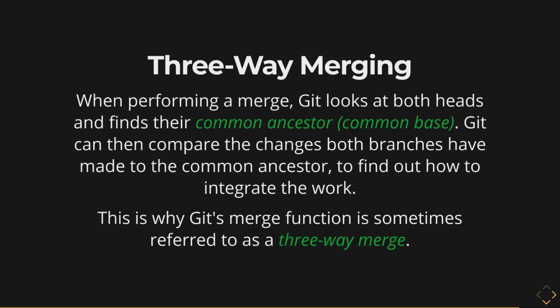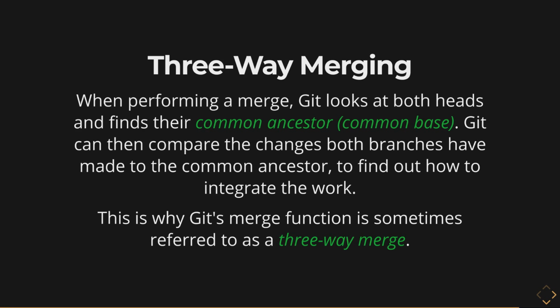Now, I won't go into great detail about what Git does in order to figure out what code to keep and what not to keep, or at least it tries to do that. But I just want to point out that what Git has to do in order to make an intelligent and reasoned choice is that Git looks at the common ancestor of the two commits that you're trying to merge.